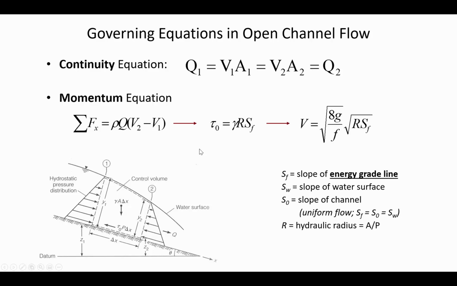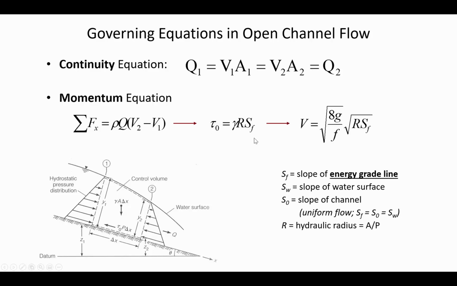Okay, so continuity will be one of the tools we use this semester, and then the other is different equations that are derived from the momentum equation. In the momentum equation, we're looking at the imbalanced forces. And since we have a difference in velocity between the flow in and the flow out of the control volume, the momentum equation can be rearranged to allow us to calculate the magnitude of the shear stress that's applied.